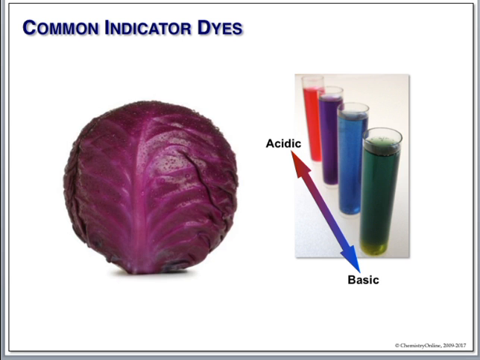As you move towards neutrality, you hit the purple that matches that. Slightly alkaline, you go blue. When you get fairly alkaline, you get this disgusting green. So if you cook cabbage and you want it to look nice, the trick is make sure that it's slightly on the acidic side of neutrality.